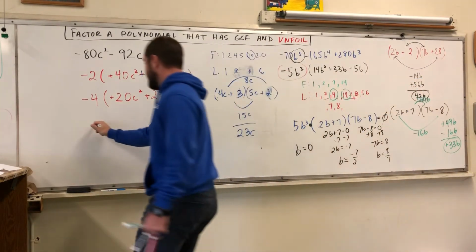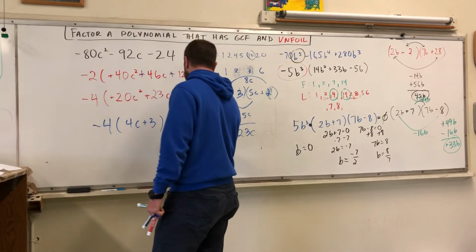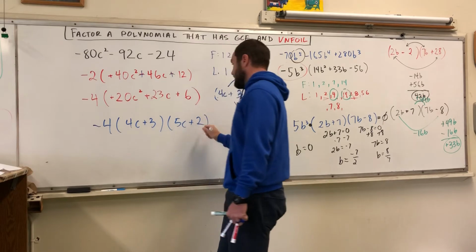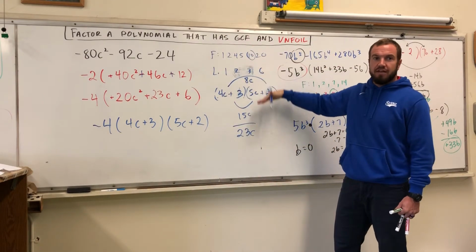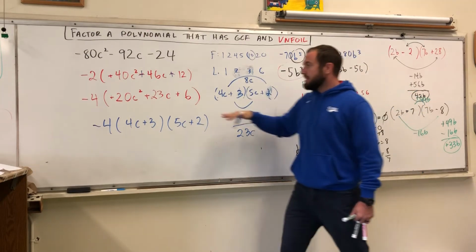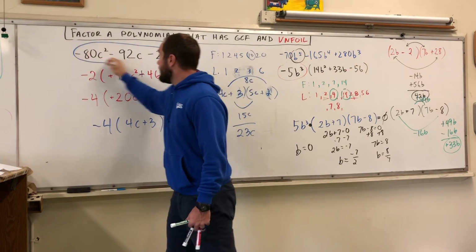And now 4c plus 3, 5c plus 2. Yeah, there's still some work, some puzzling, some solving that you need to do, but this is a lot easier than trying to unfoil this.